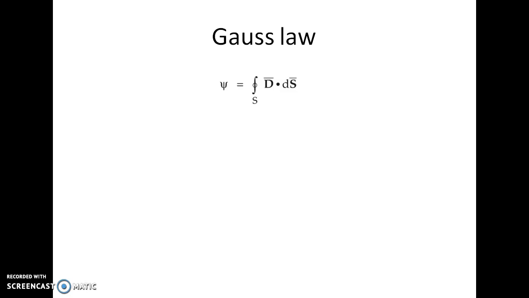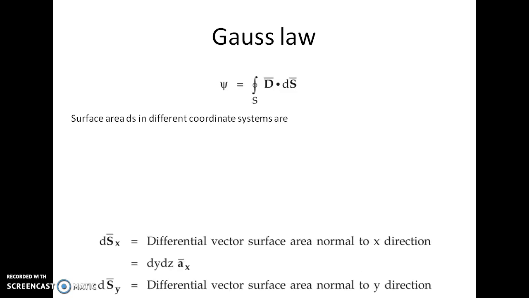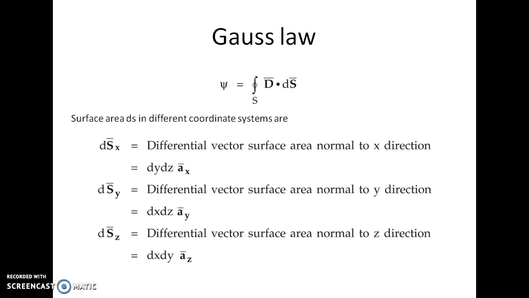Similarly, we saw the different surface areas in different coordinate systems with respect to particular normal vectors. If you consider the Cartesian coordinate system, we have three surface areas with respect to x, y and z. When the surface area is normal to the x axis, the surface area is taken as dy dz into a_x cap.